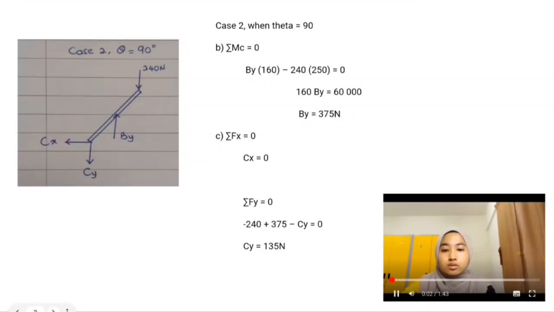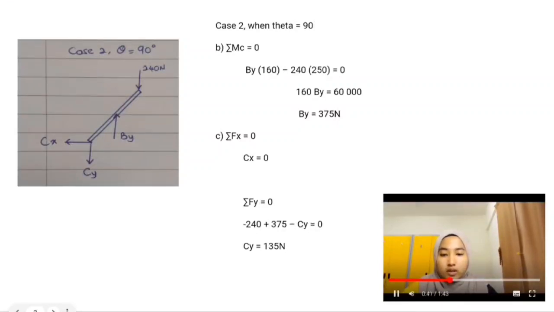For case 2, when theta equals to 90 degree. For question B, we want to calculate the forces at pin B. So we use moment C equals to 0. By multiplied with 160 minus 240 multiplied with 250 equals to 0. So the total is 160 By minus 60,000 equals to 0.